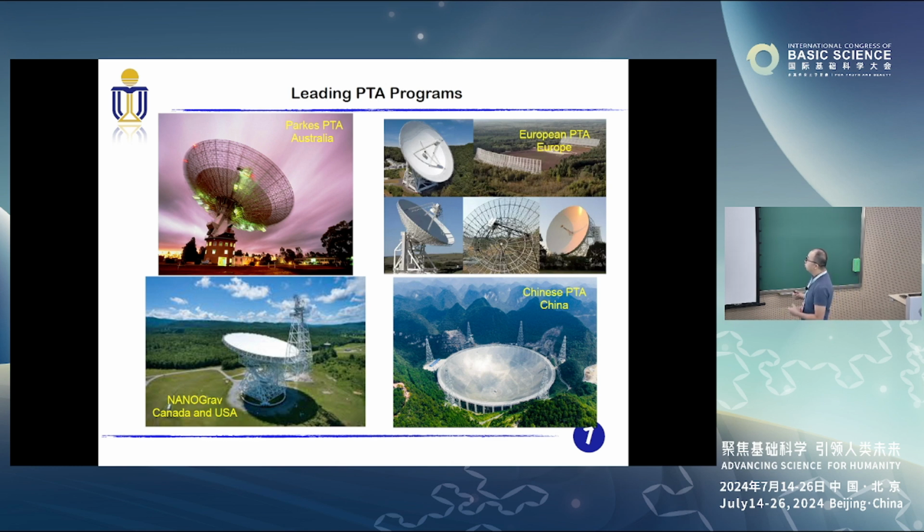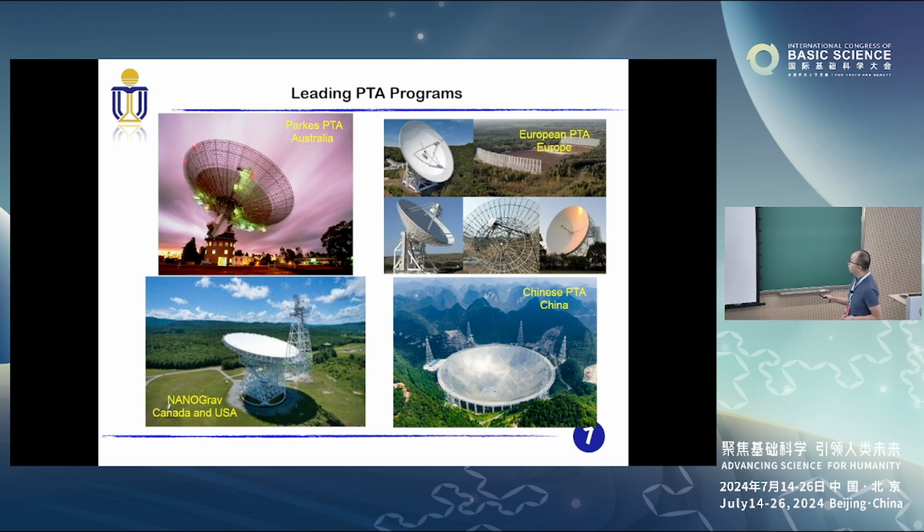Because of the scientific significance of such a task, in the last decades, a series of pulsar timing array programs have been operated or planned. Here is a list of the leading pulsar timing array programs. This one is the Parkes PTA program, led by Australia.